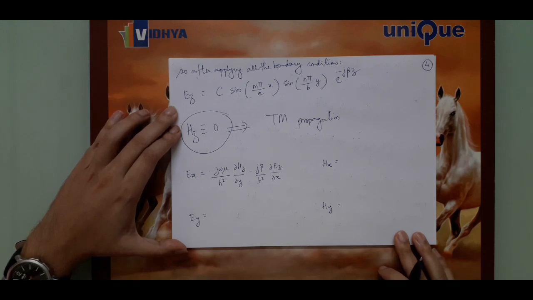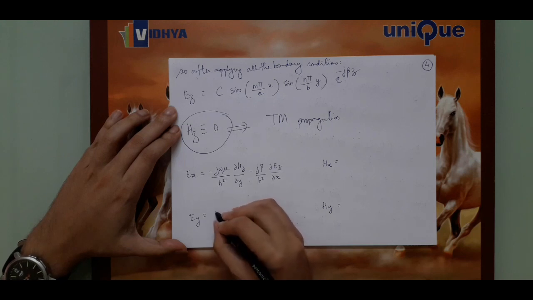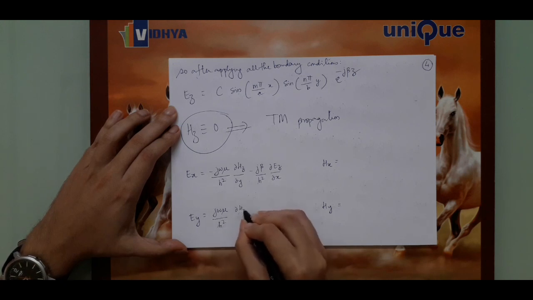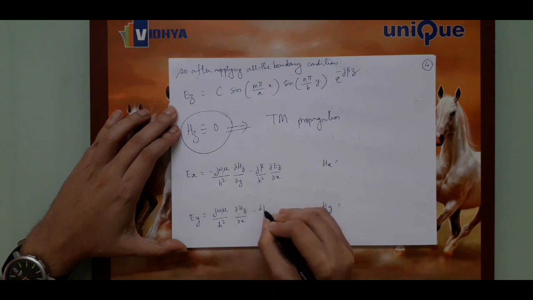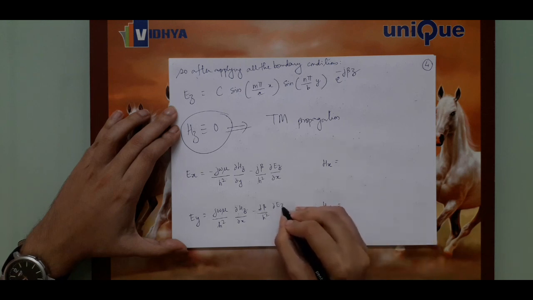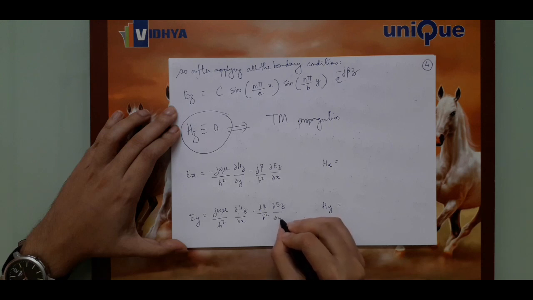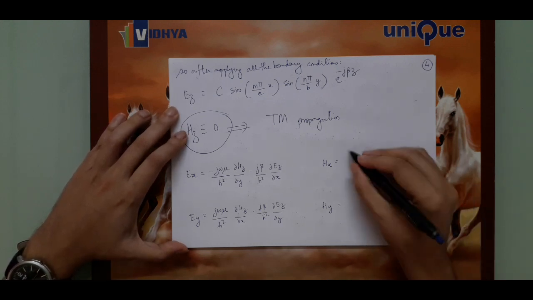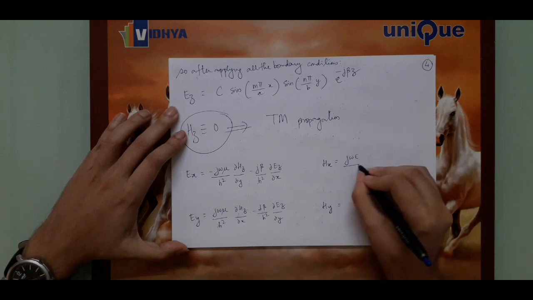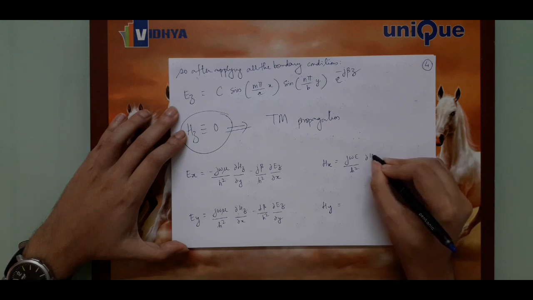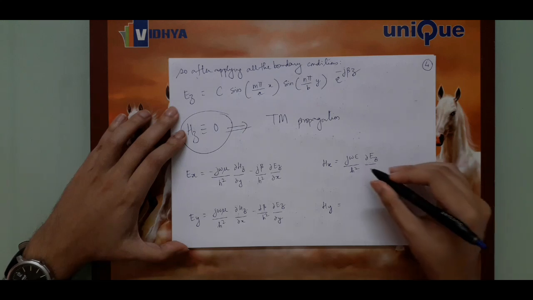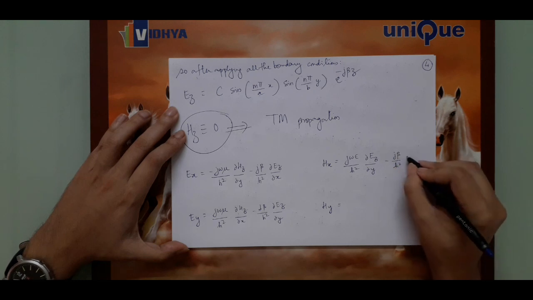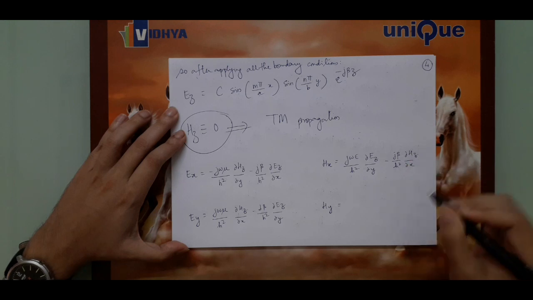This is Ex, Ey comes out to be, and Hx was j omega epsilon by h square dEz by dy minus j beta by h square dHz by dx.